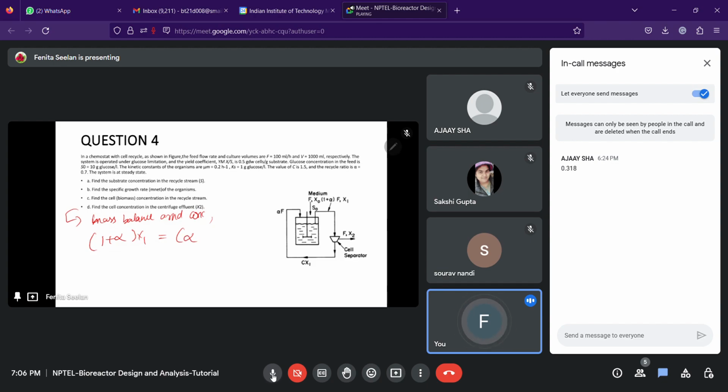Simple mass in and mass out balance only: alpha into c into x1 plus x2. If we do this, rearrange the stuff.